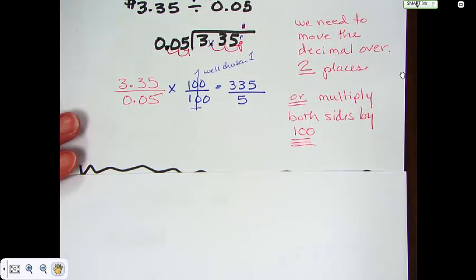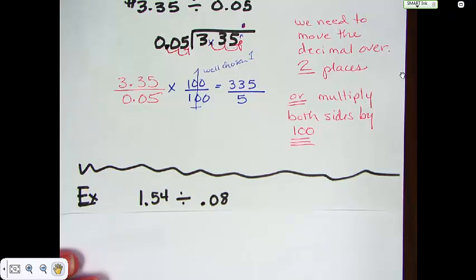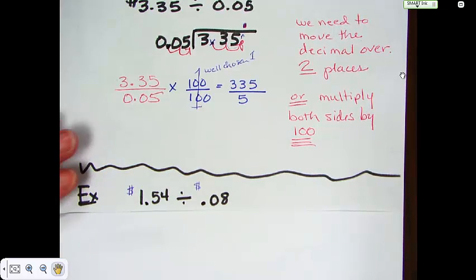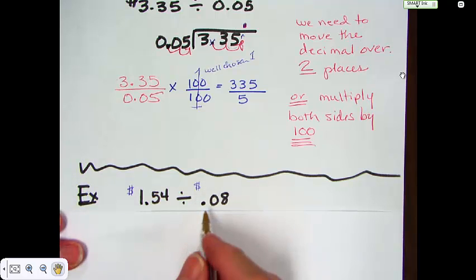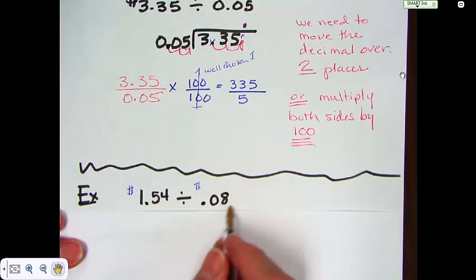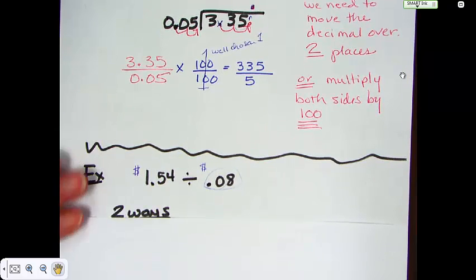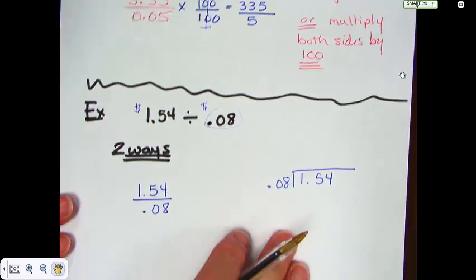Now we're going to do one example problem. If we have $1.54, and we're going to divide it by 8 cents, or 8/10 of a dollar. We can already see that we're dividing by a decimal, and to be able to divide we're going to have to move that decimal at least two places. So the two ways we could do it are here.